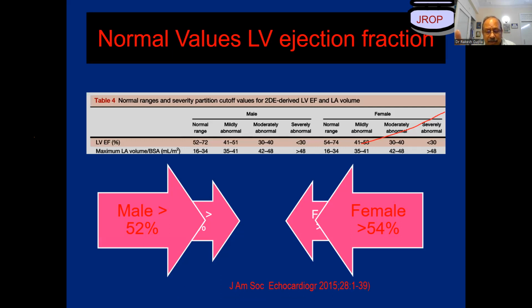And MRI is the gold standard for calculating ejection fraction, where the three-dimensional ejection fraction is much better than two-dimensional biplane ejection fractions. But whatever we have read in the literature and what is promoted in the guidelines, that's what we use in day-to-day practice. This recommends biplane modified Simpson ejection fraction, male more than 52 and females more than 54.